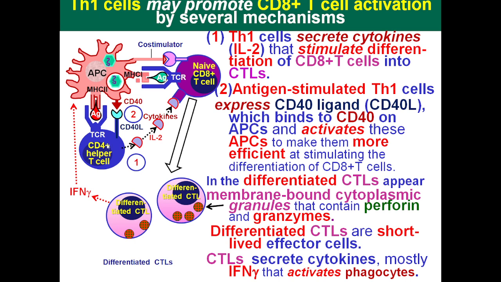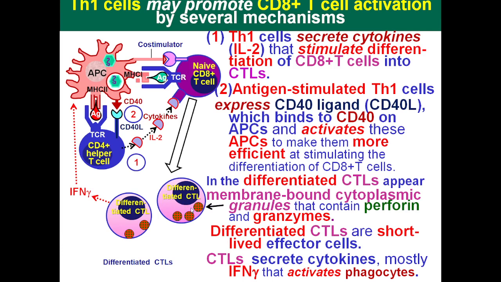Helpers type 1 produce interleukin 2 and interferon gamma. Interleukin 2 and interferon gamma stimulate the activated naive CD8 killer cell, stimulated by the antigen recognition and co-stimulatory signals, to the transformation, to the maturation, to the differentiated cytotoxic T lymphocytes.